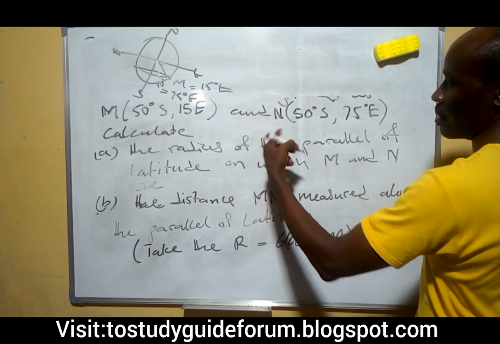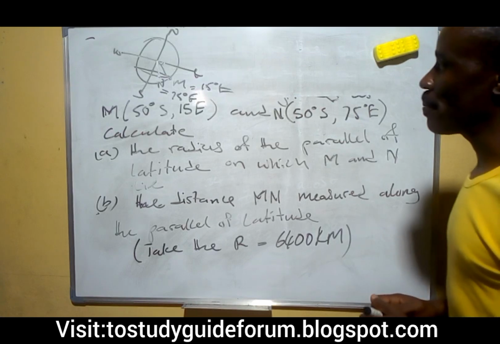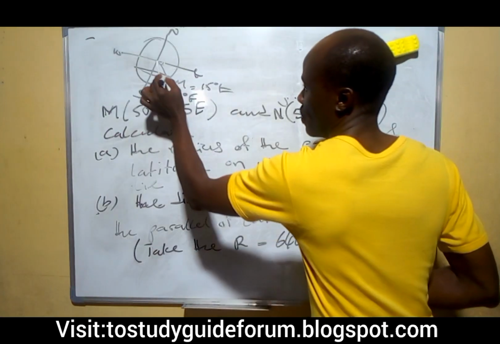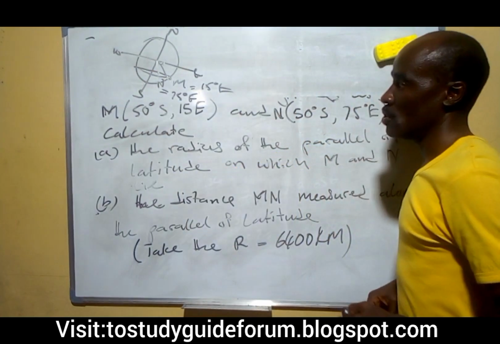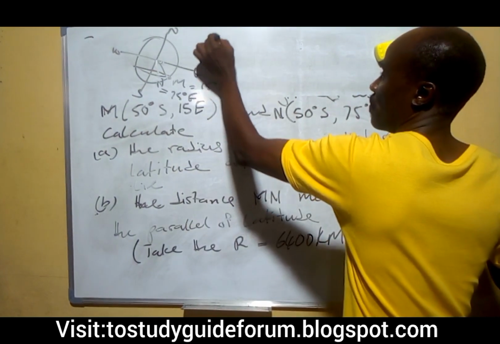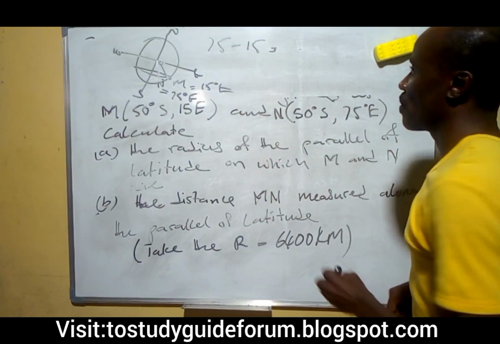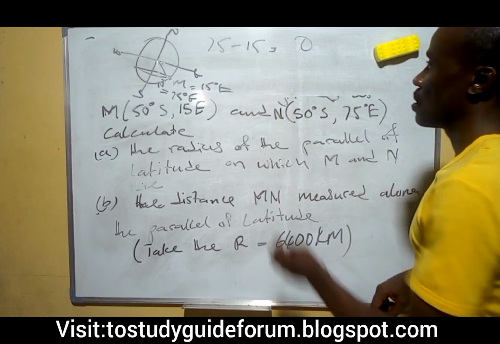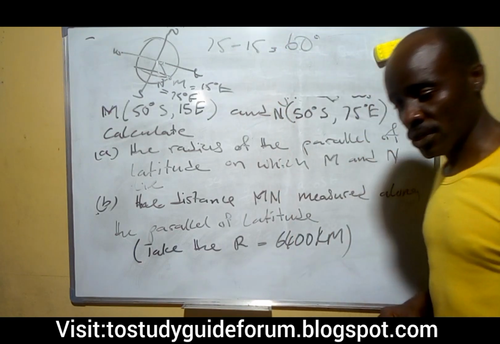I think they are all east. Okay, this is what we have. Now the major difference between them, the angle difference, is this one here. To get that, we do 75 minus 15, which will give us 60 degrees.